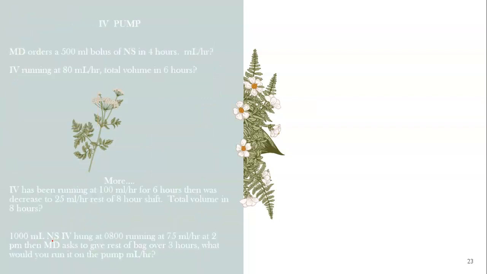So, here we go. First one, the doctor orders a 500 milliliter bolus in 4 hours. How many mils per hour does it need to run at? So I come right over here and I say, oh yeah, volume over time.